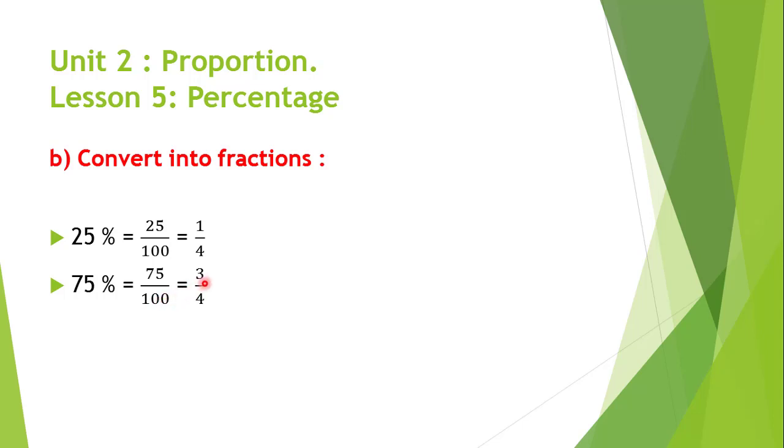Divided by 25, it will be 3 over 4. 0.25% means 0.25 over 100. So 25 over 10,000. And by dividing by 25, the result will be 1 over 400. Okay, in this case, I converted from percent to fractions.